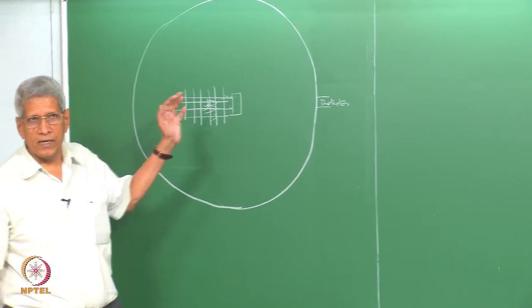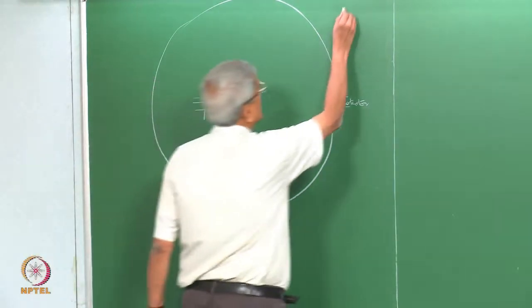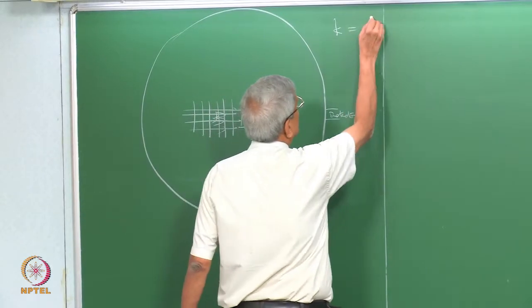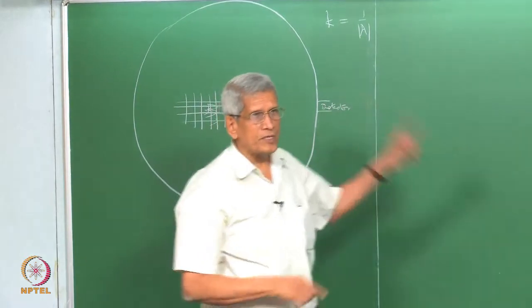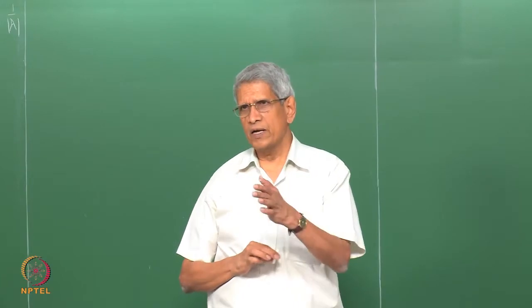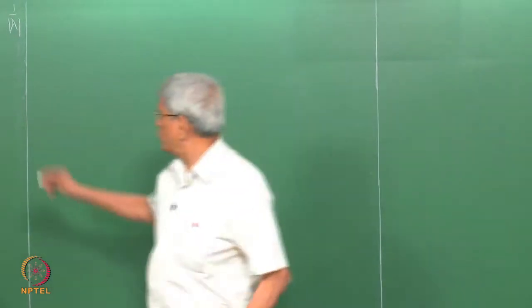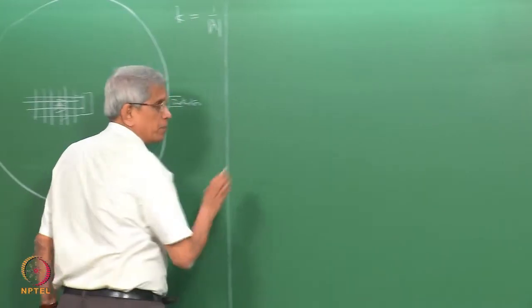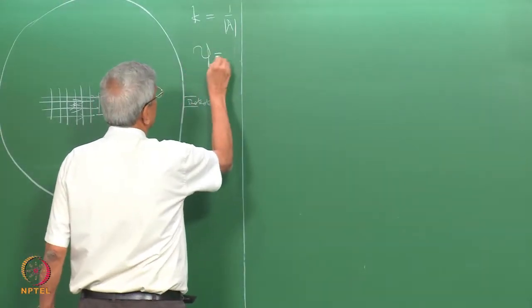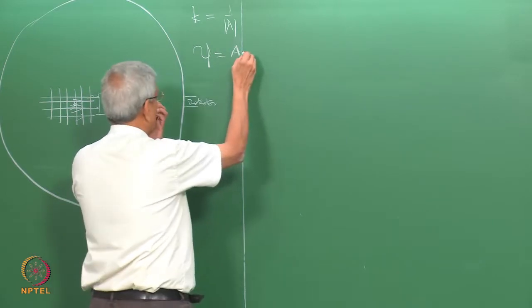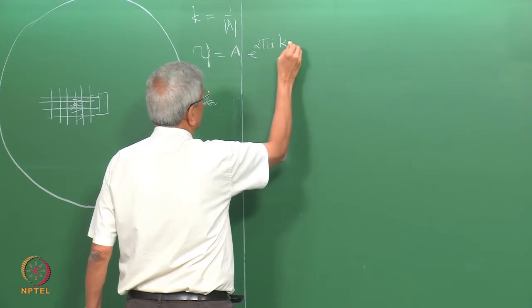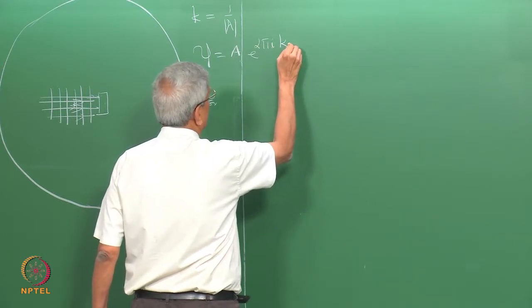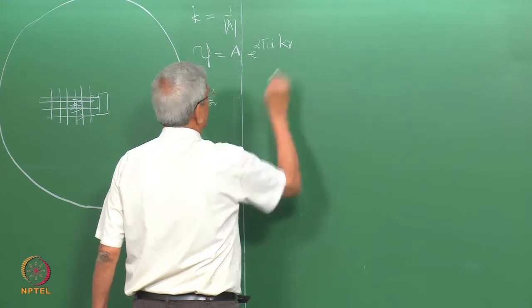The incident beam is represented as 1 by lambda, and when we represent it as a vector, it will have a direction also associated with it. So, this is essentially going to be the magnitude of k, because the wave we represent as psi equals some constant a e to the power of 2 pi i k dot r, we can write it.